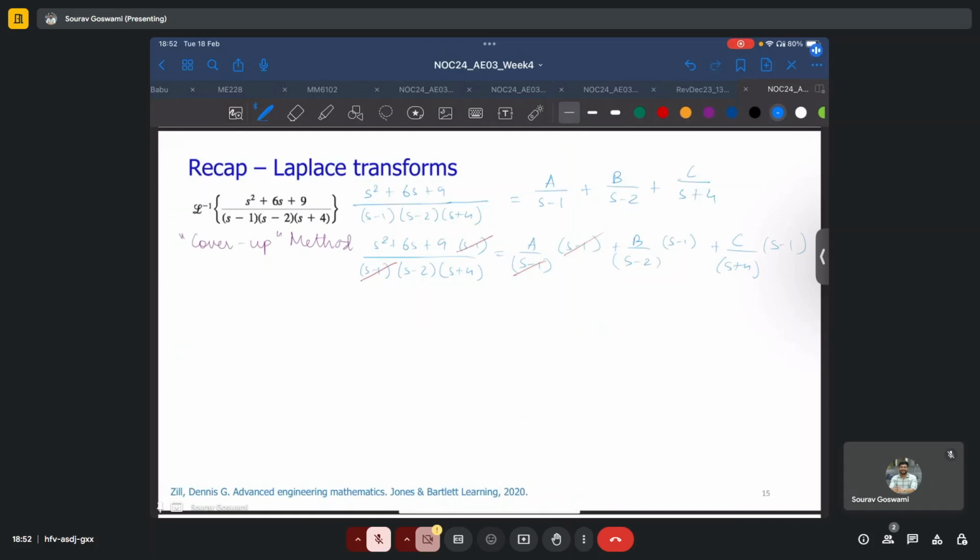Now, in this equation, if we put s equals to 1, we are really evaluating at s equals 1, which equals a plus, see that when we put s equals to 1 in the second term, it goes to b by s minus 2 times 0, and so does the third term. So essentially, in one single step, we have evaluated a.